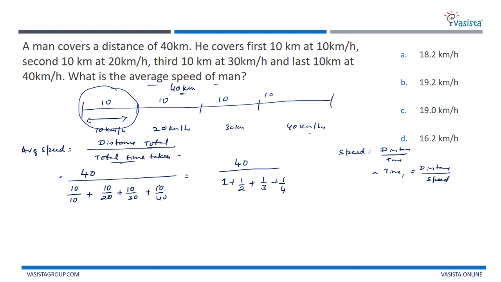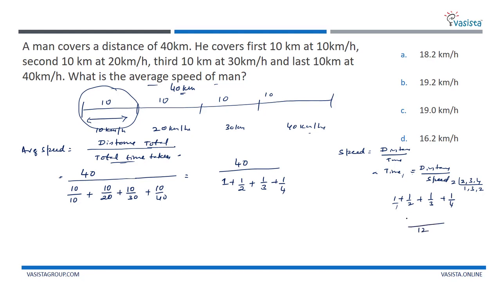I am simplifying here. 0, 0, I will cancel it. Now take the LCM of this: 1 plus 1 by 2 plus 1 by 3 plus 1 by 4. What is the LCM? LCM is going to be 12. You can check here. For 2, 3, 4, the LCM will be: 2 1s are 2, 2 3s are 6, 6 2s are 12. 12 is the LCM here.